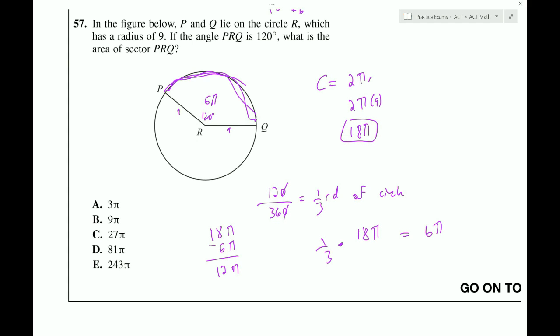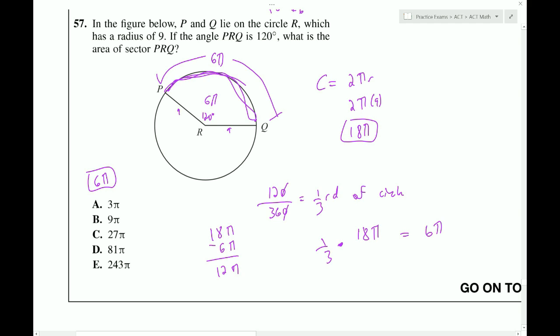Yeah, this must be a typo, right? We've got a radius of 9, 2 pi radius, it's 18 pi for the circumference. 1/3 of that is 6 pi. Yeah, the answer is most certainly 6 pi for this sector.